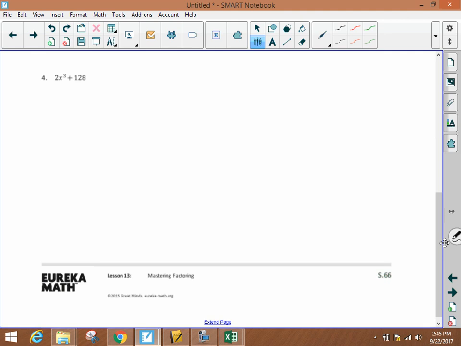I am going to factor out a 2, though, Dr. Bromgupta, you're right. So when I factor out this 2, I wind up with 2x cubed plus 128. Divided by 2 is indeed 64, and that works nicely because I can write this as 2 times x cubed plus 4 cubed, and then I'm going to use my sum of cubes.